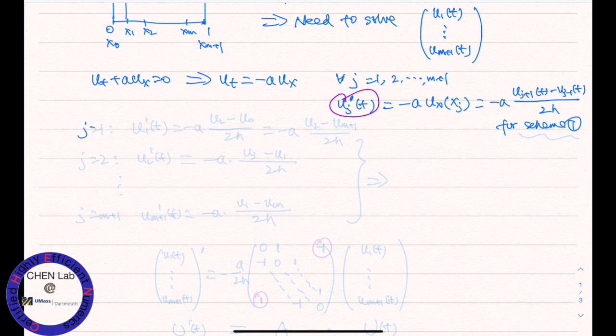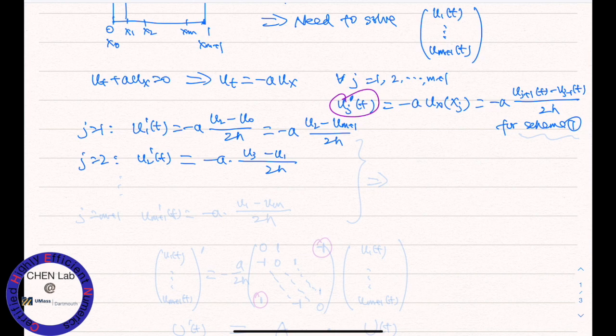Let's try to write them down. When j is 1, we have u1'(t) equal to negative a times (u2 minus u0) divided by 2h. But we know u0 is just u_{m+1}. When j is 2, we have u2'(t) equal to negative a over 2h times (u3 minus u1).